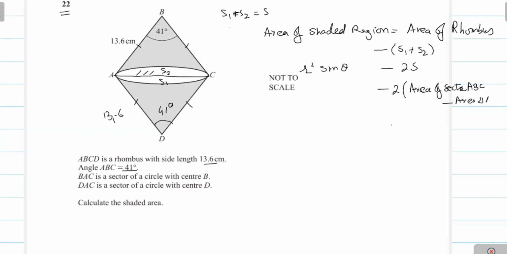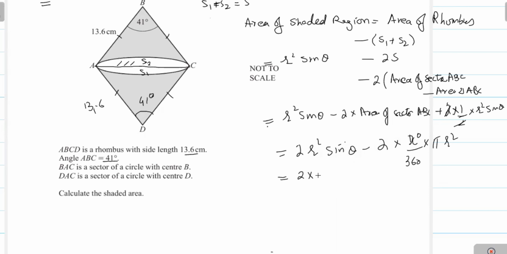Now we put the values here. The value of r is 13.6 square into sine 41 minus 2 into 41 over 360 into 3.142 multiply 13.6 square. Now we calculate, and the answer is 110.1 centimeter square.